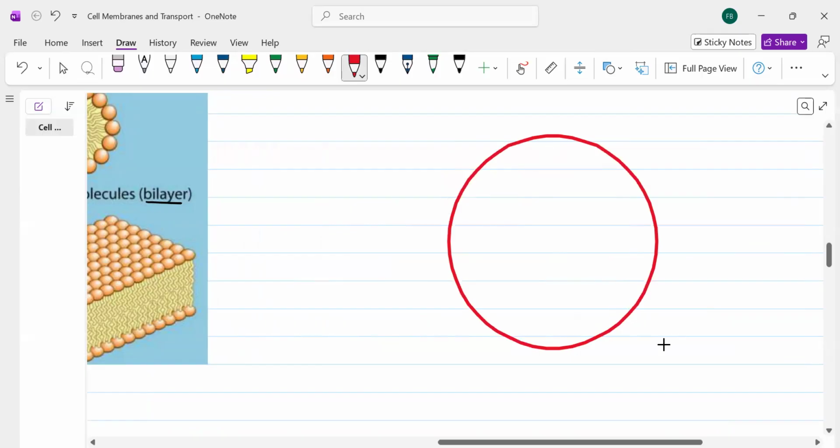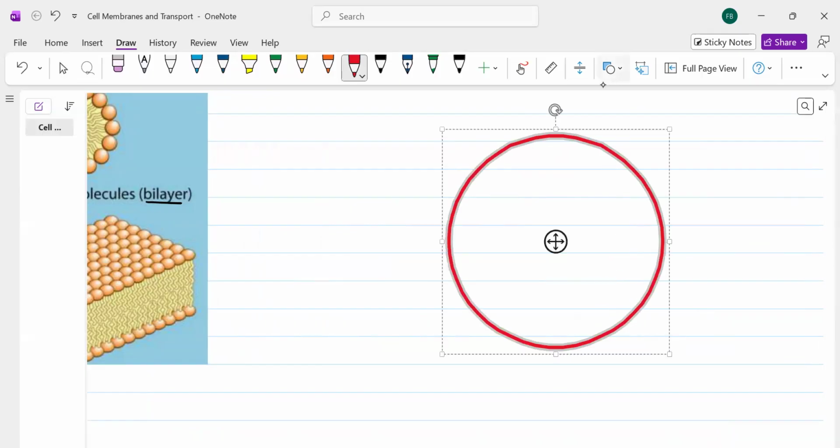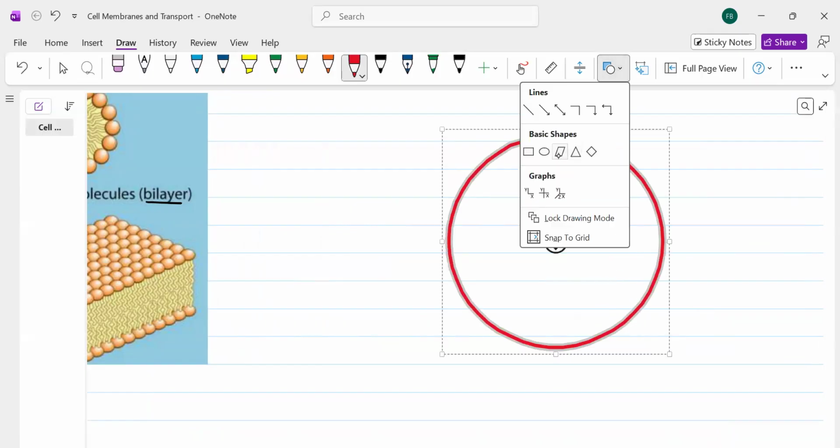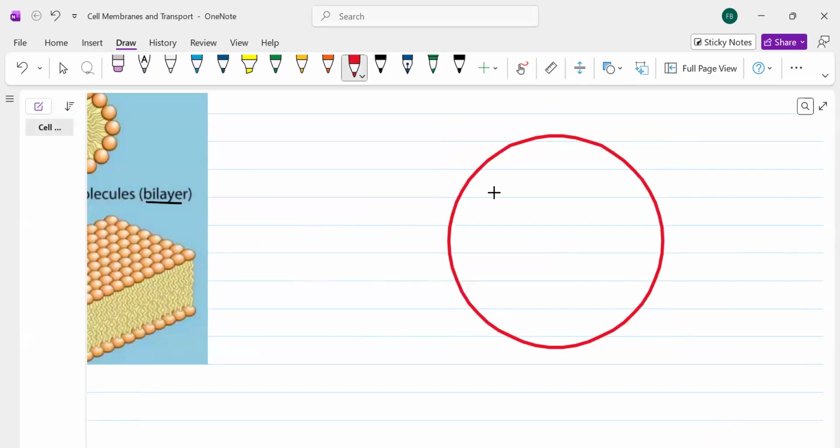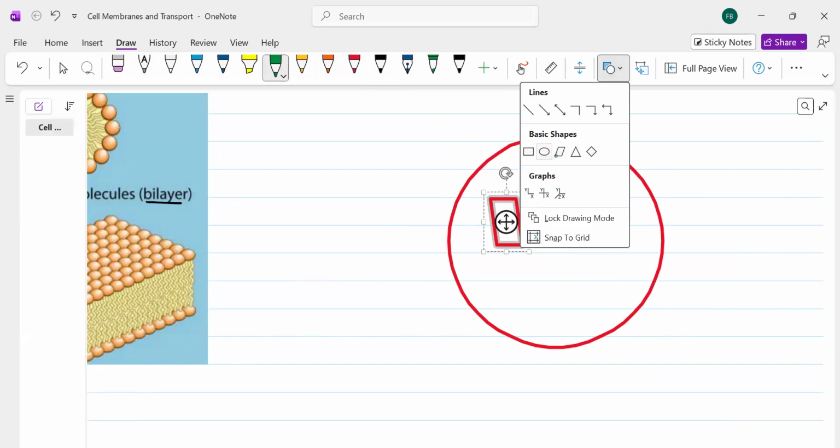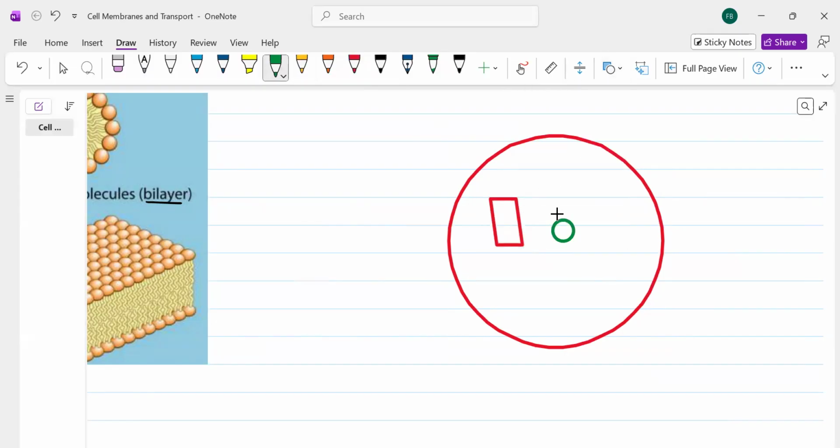This is a cell, and in this you can have different things over here.